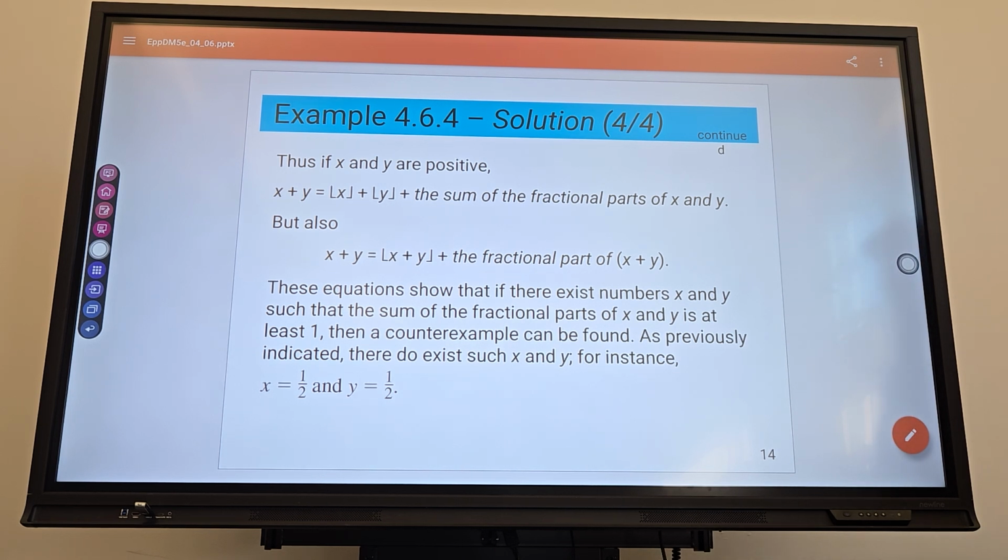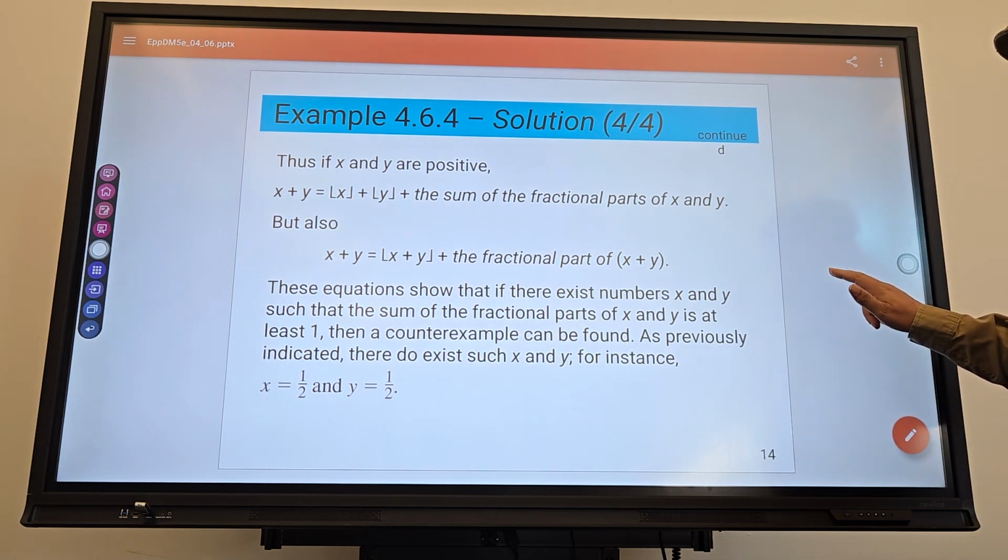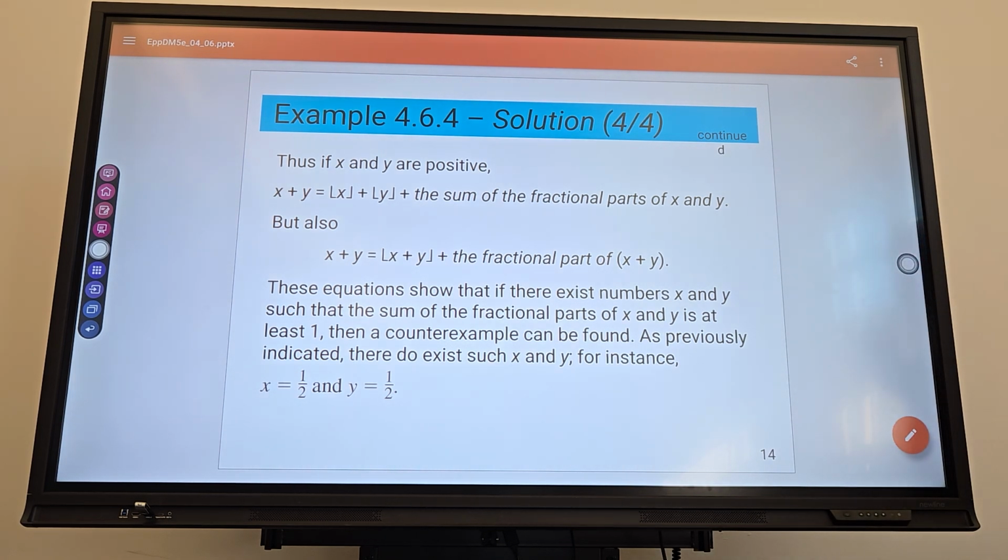These equations show that if there exist numbers x and y such that the sum of the fractional parts of x and y is at least 1, or in the case of her example, 1.8, then the counterexample can be found. So that's how you would find a counterexample, or find that a counterexample does exist.